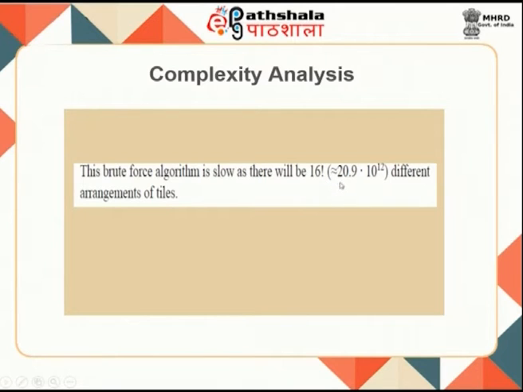In other words, it is approximately 20.9 multiplied by 10 power 12 different arrangements of the tiles, and even if each configuration check requires a second, the algorithm takes a huge amount of time. This is the biggest difficulty in combinatorial optimization problems. But this is a game, so it has to be faster.